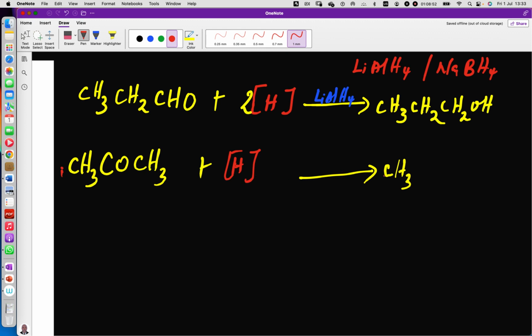How many hydrogens are required? For the primary alcohol it will be this. There is hydrogen here, there's OH here, then CH3. You see that this is a secondary alcohol.